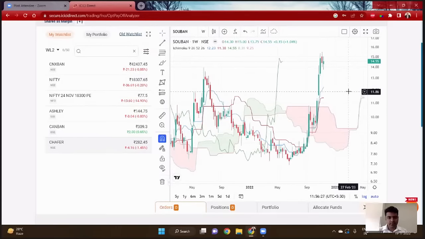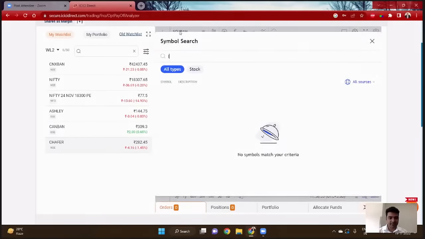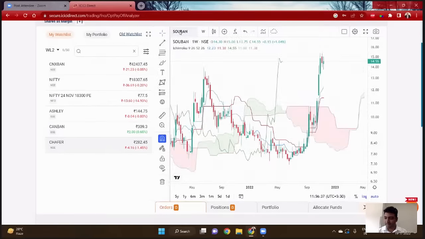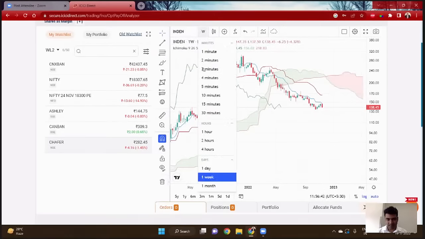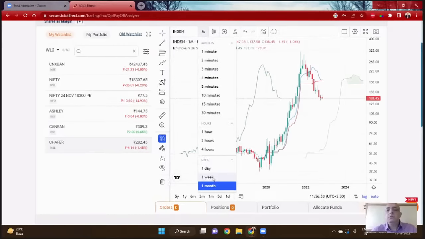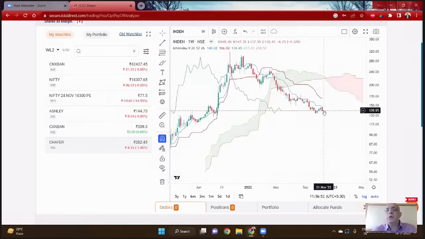Okay. Next is IEX. Oh. Used to be a trade. It used to be a favorite stock in 2021. Now it is underperforming. Quite weak. Heavily oversold. It's an oversold stock.